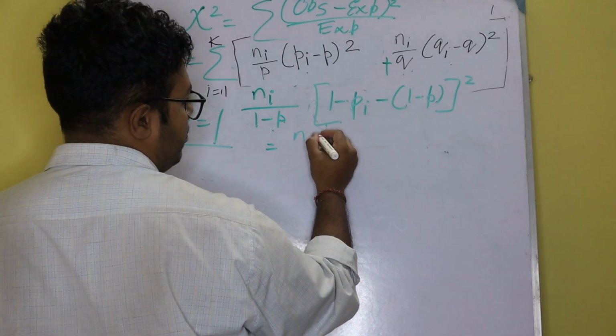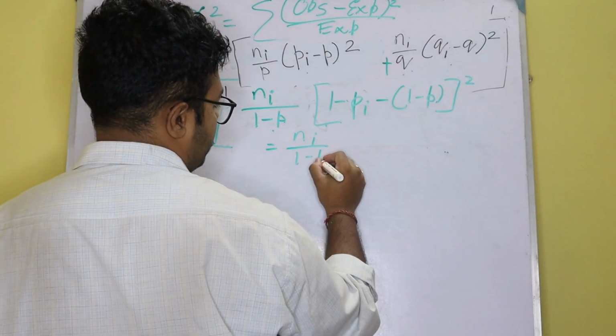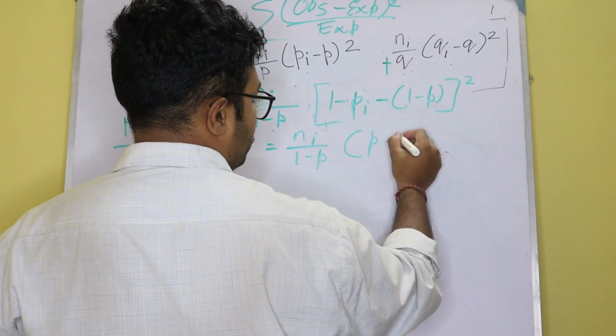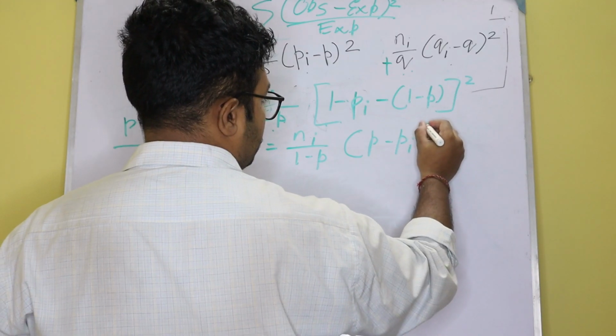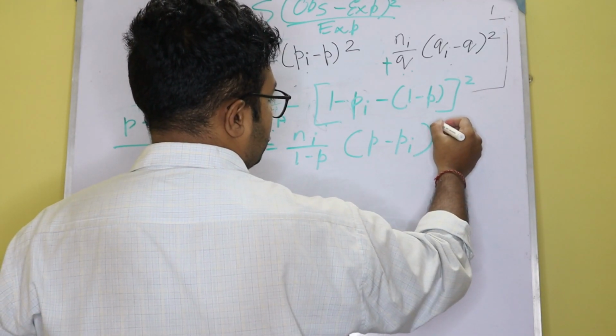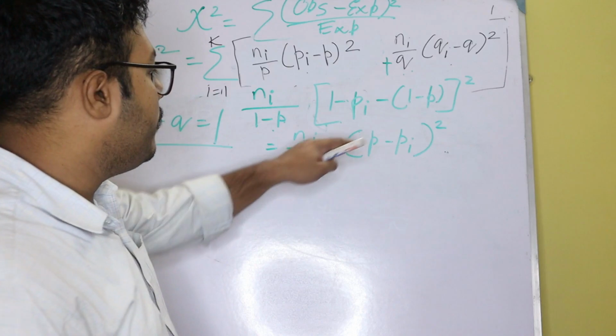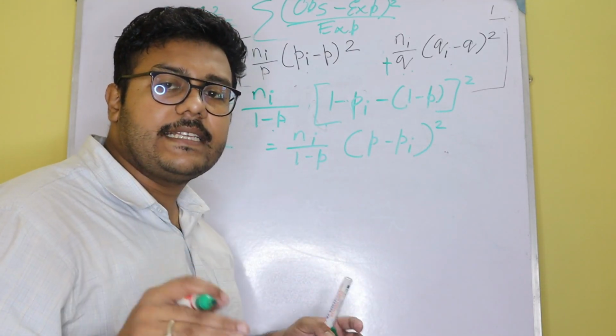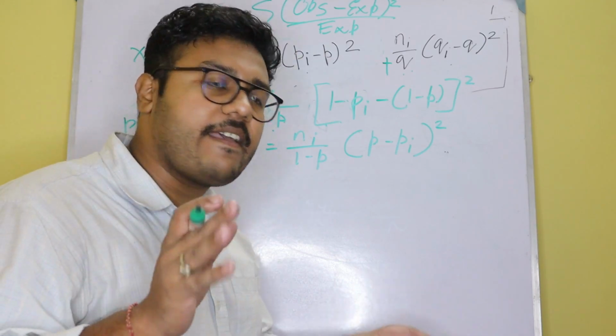So what we get the term is like this. See, you don't get confused with the minus sign, because since it is a square, we can change the minus sign also, but it will give the same value.